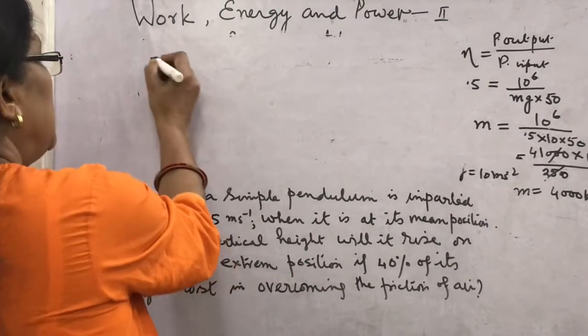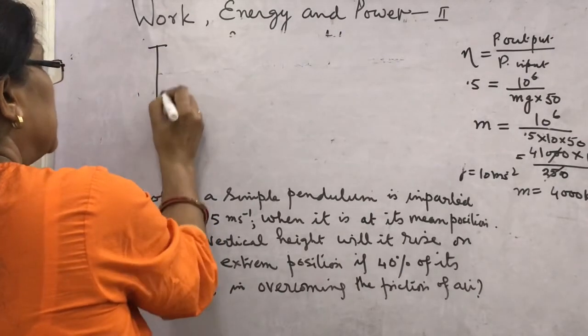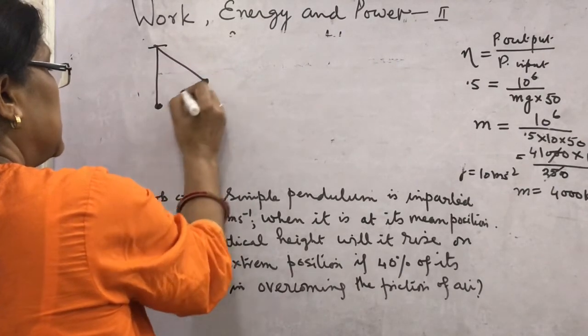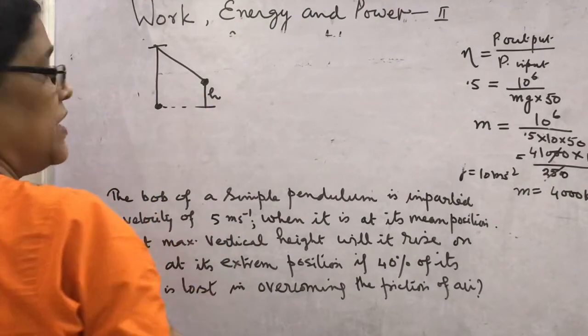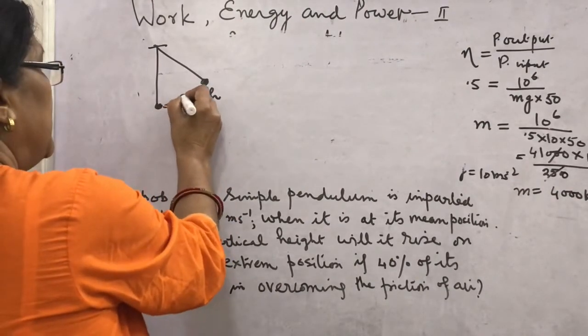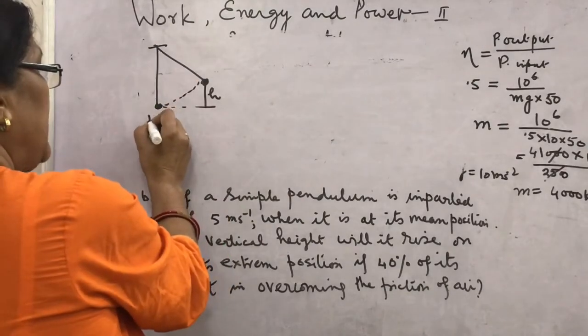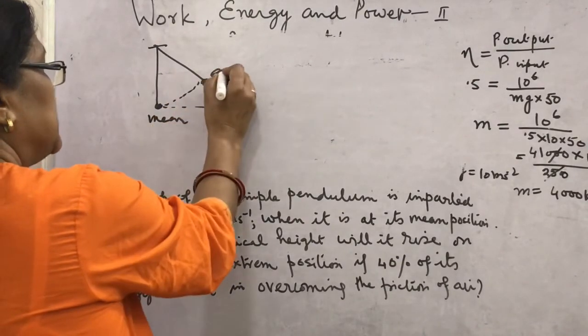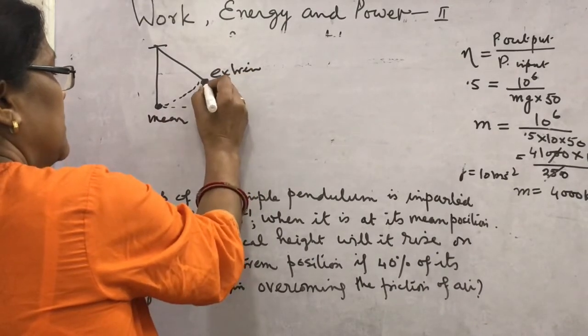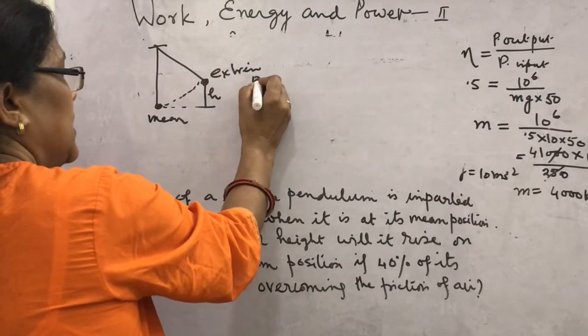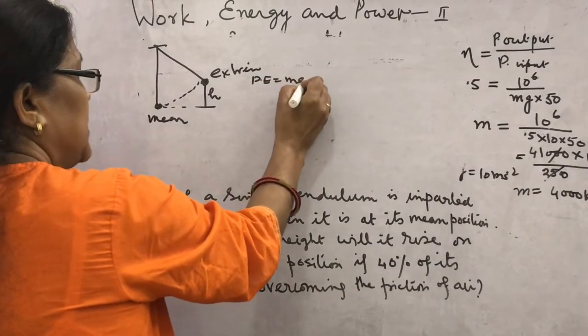What we have seen in case of pendulum, this is the mean position, this is the extreme position, and from mean position to this height is attained by the pendulum in going from mean position to the extreme position. Look here, at here this is the potential energy which is mgh.